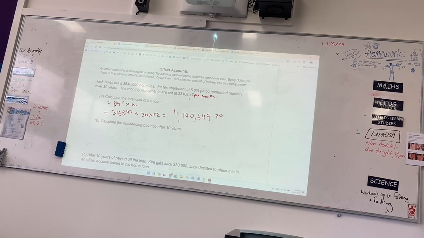Okay, B, calculate the outstanding balance after 10 years. Right, 2 minutes for you to have a go at that question to work out the outstanding balance. Go.